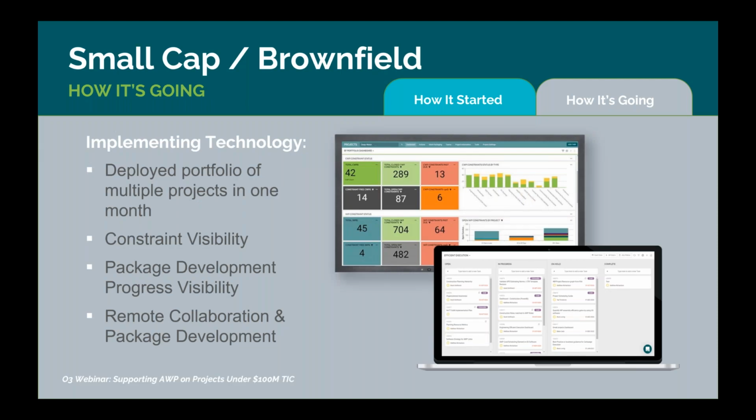Similar to the previous case study, this project used O3 to manage RFIs, constraints, and reporting. What was unique about this particular project was that it was the first pilot project in an offshore portfolio with boots on the ground on every platform, but a centralized management team that oversaw the AWP program as a whole was also present.